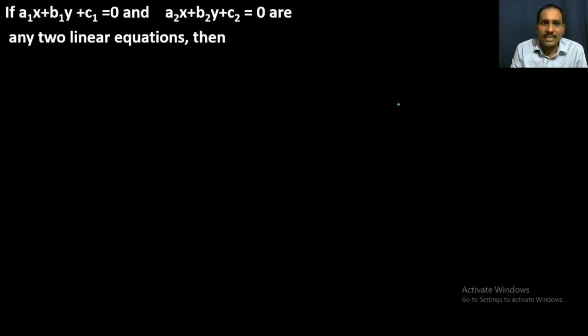Suppose a1x plus b1y plus c1 equal to 0 and a2x plus b2y plus c2 equal to 0 are any two linear equations. If you observe, both the equations are in standard form, that is, in the form ax plus by plus c equal to 0.